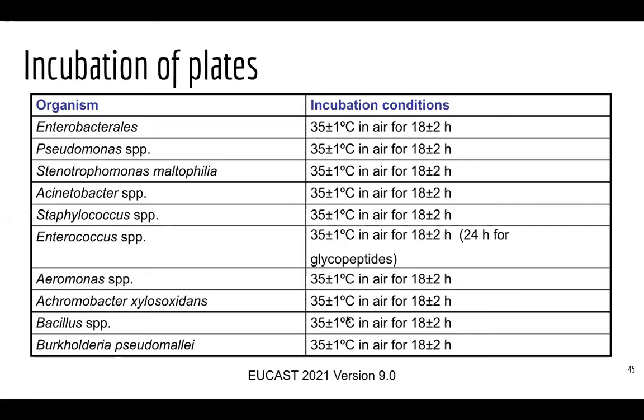Yeah, and then they've got all the various different conditions. Normally it's just overnight for most cultures, unless it's mycobacteria, and then mycobacteria can take even a few weeks. And some types of bacteria can take much longer.